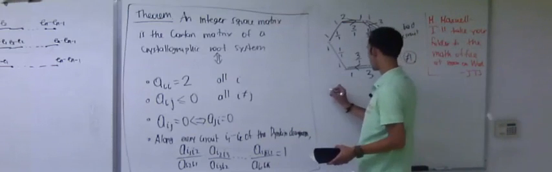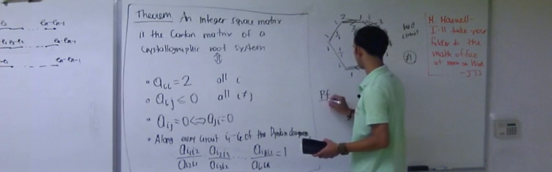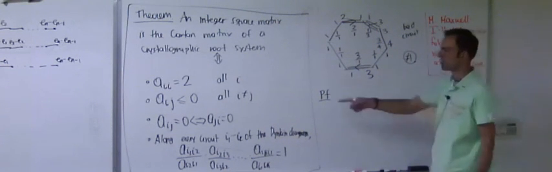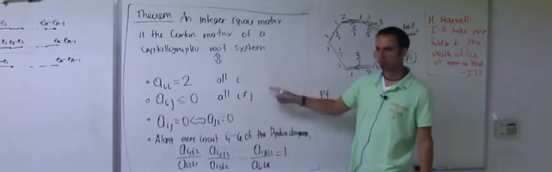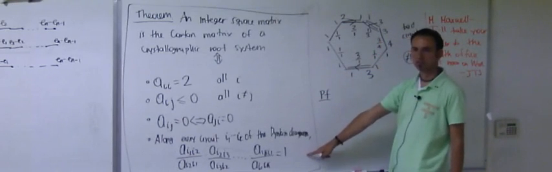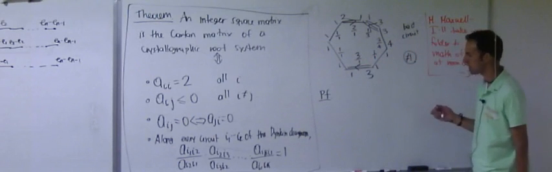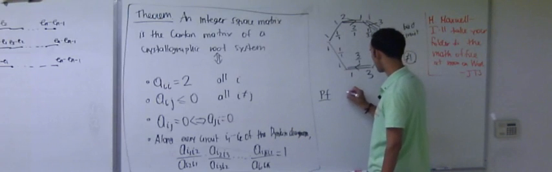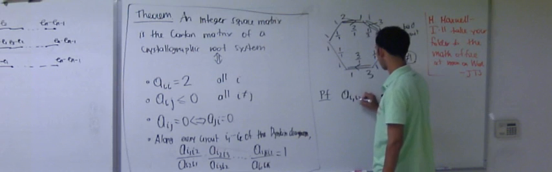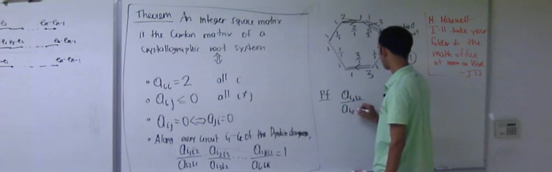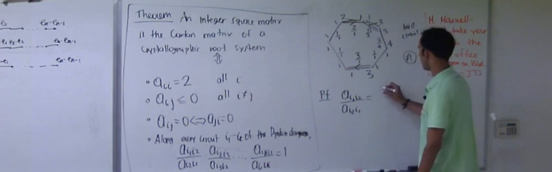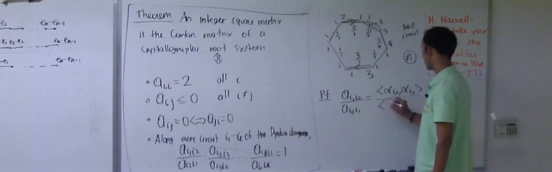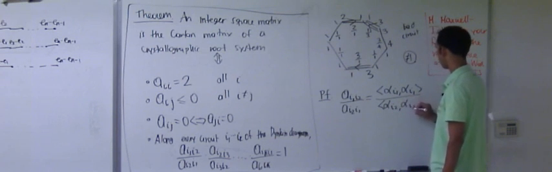Let me say a couple of words about the proof. So first of all, what is this strange condition saying? We already proved the other conditions. What is this last condition saying? Well, if you think about it, this last condition is actually quite simple to see why it's true. The reason is that A_{I1 I2} divided by A_{I2 I1}, we know that this is the inner product of alpha I1 with itself divided by the product of alpha I2 with itself.